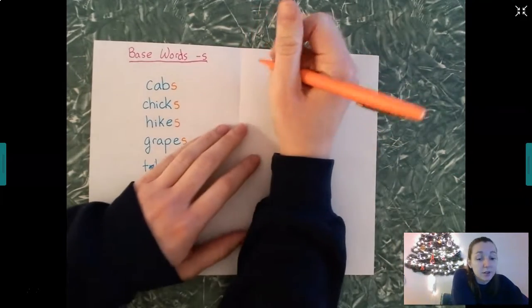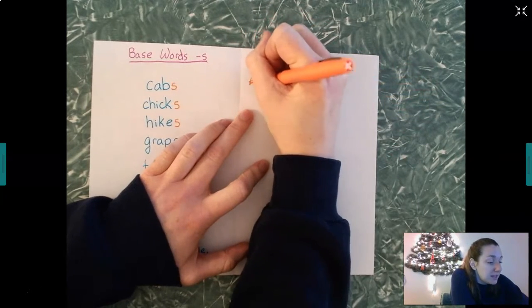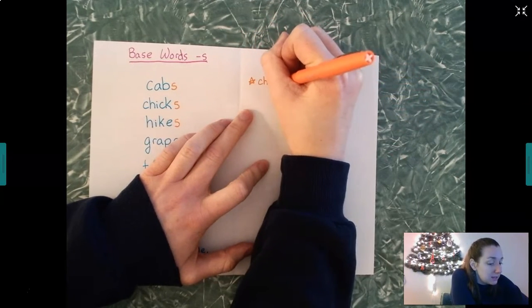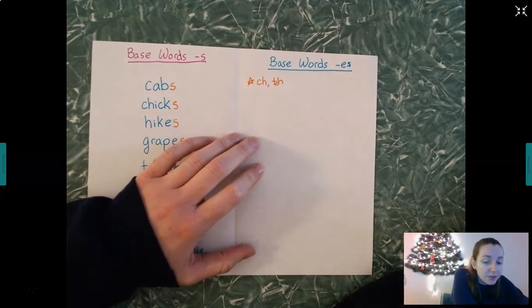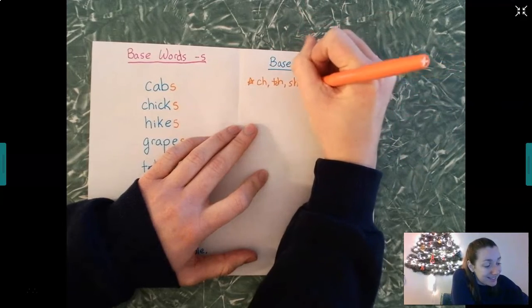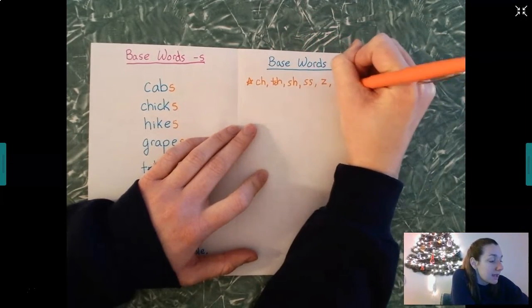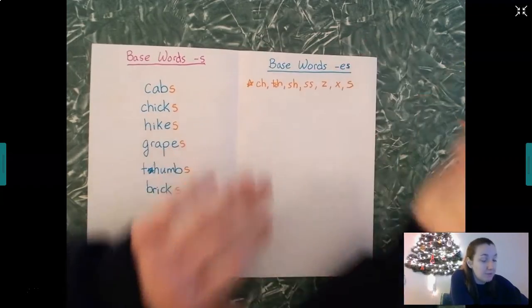For example, there are letters and letter blends, some digraphs. So we have CH, TCH, excuse me, TCH. So CH, TCH, SH, SS, Z, X, and just an S by itself as well.